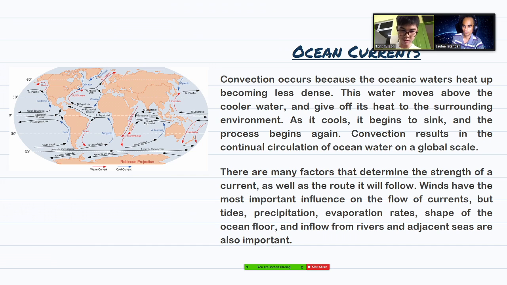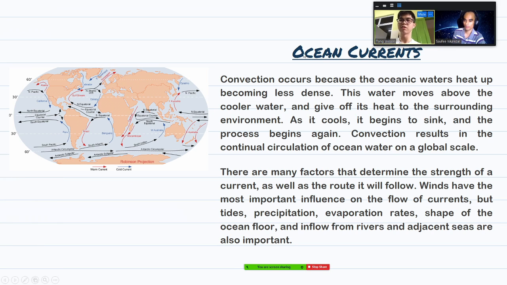Okay. Second, ocean currents. Convection occurs because the oceanic waters heat up, becoming less dense. This water moves above the cooler water and gives off its heat to the surrounding environment. As it cools, it begins to sink, and the process begins again. Convection results in the continual circulation of ocean water on a global scale.